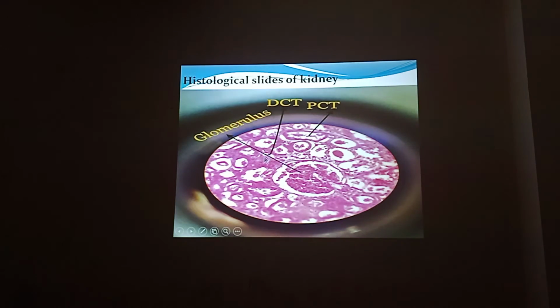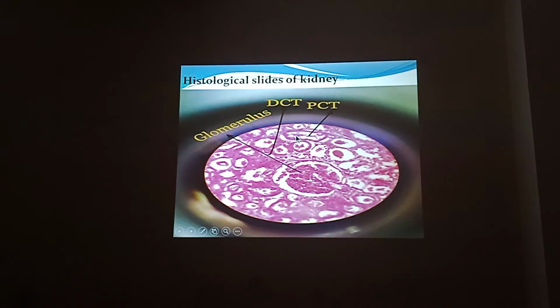Okay. Now how can you differentiate proximal convoluted tubule and the distal convoluted tubule? Both are lined by simple cuboidal cell, but in the proximal convoluted tubule there is microvilli, whereas in case of distal convoluted tubule there is no microvilli. So lumen is white. Here you can see more whitening. So white lumen.